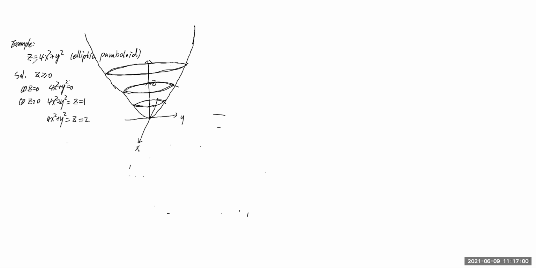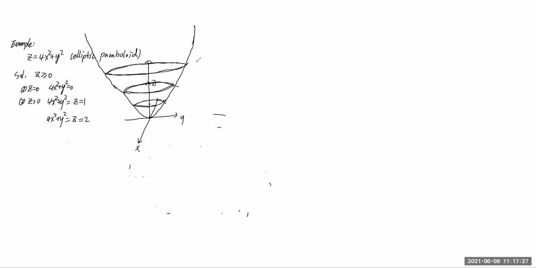For example, if x is 100 and y is 100, your z should be 10,000, right? It's not a straight line. It should be curved above. This is about the elliptic paraboloid.